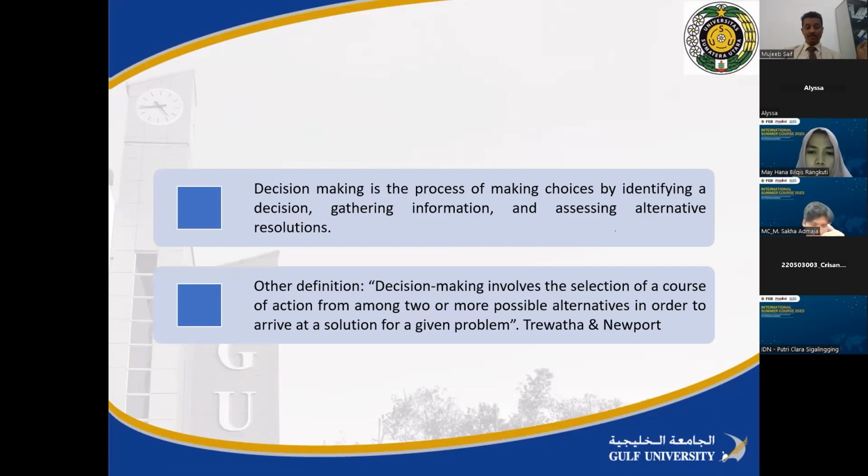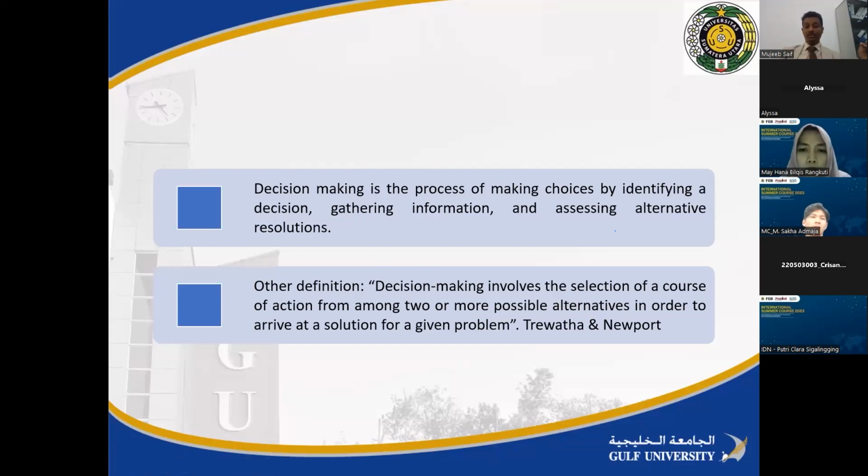And there is another definition provided by this author: decision making involves the selection of a course of action from among two or more possible alternatives. We have several alternatives, so we will gather information, analyze this information, then select the best alternative that will help us achieve our objective, right?